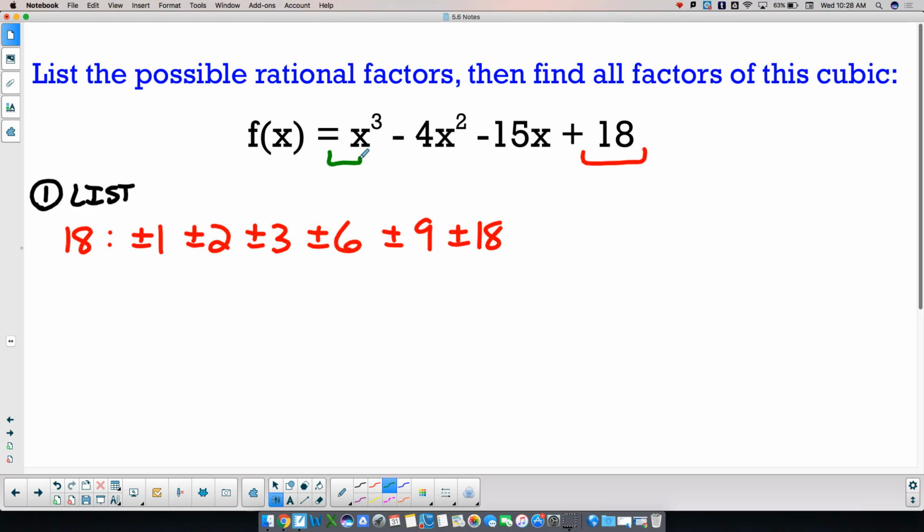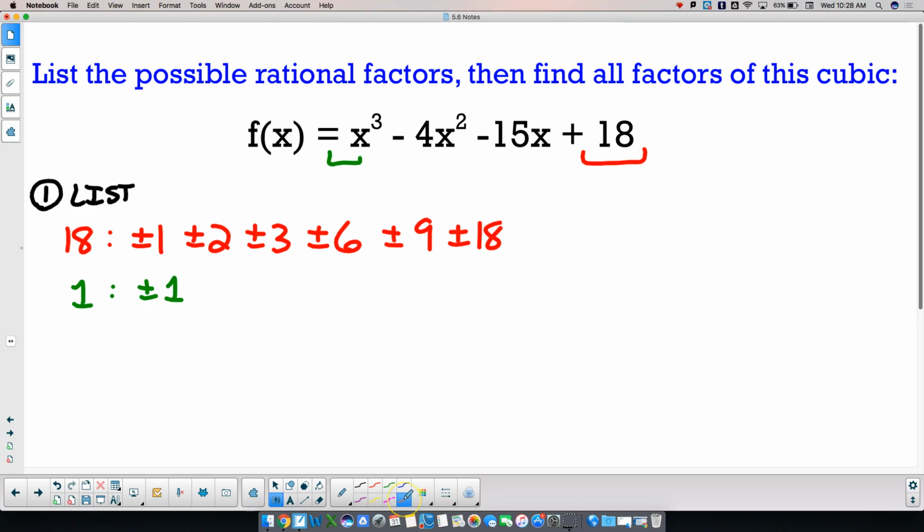What's my lead coefficient in this case? What is it? 1. Different numbers though. Okay?